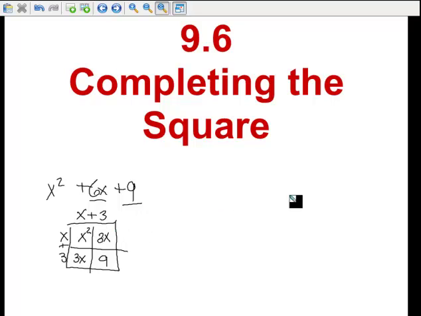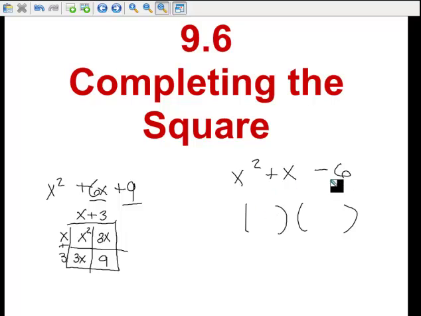We've also dealt with other problems such as x squared plus x minus 6, where we have to come up with something that multiplies to negative 6, and adds to a positive 1.